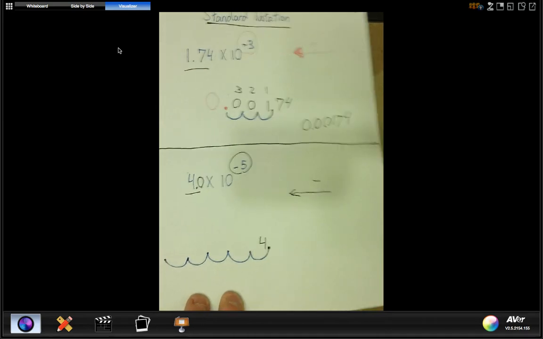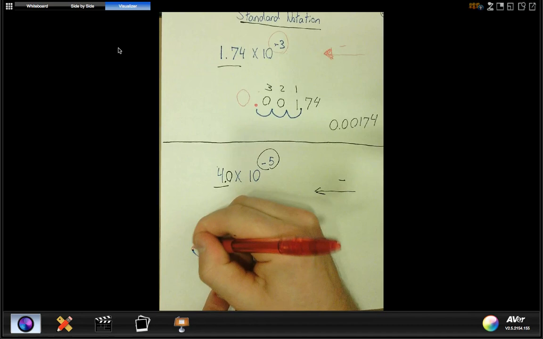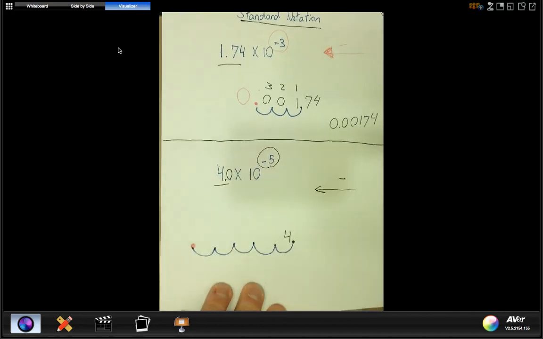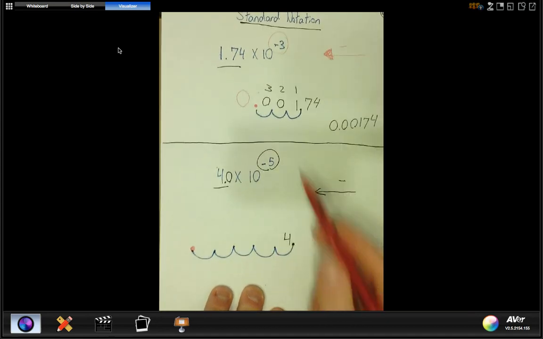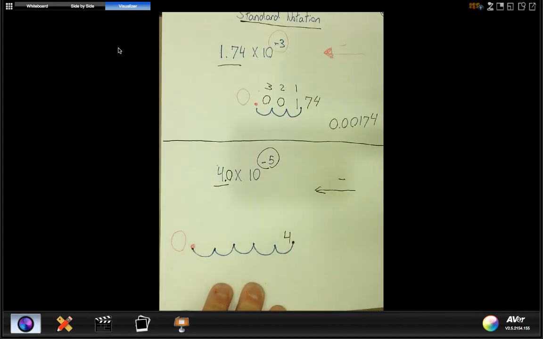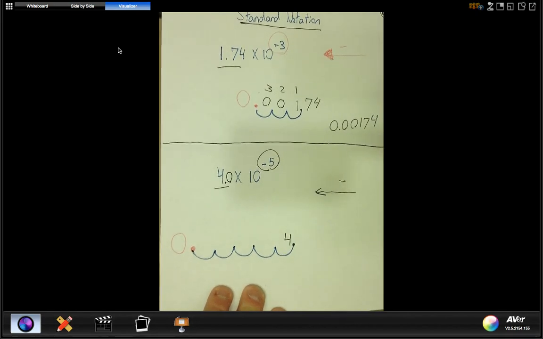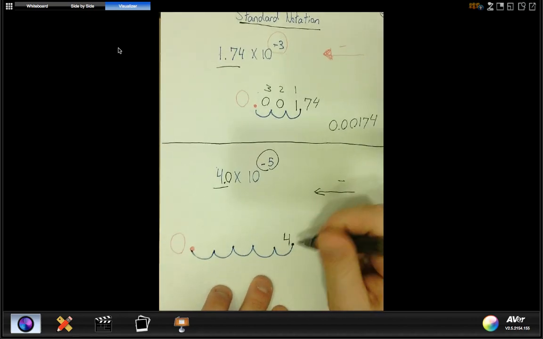A little too far over there. Put my new decimal point right at the end of where I stopped moving. And once again, just like before, it is very important to put a 0 after the new decimal point, to the left of it. And again, I'll fill in my values with zeros.